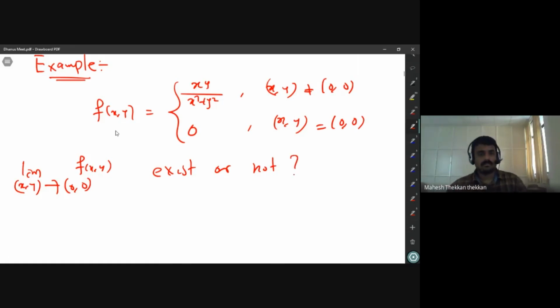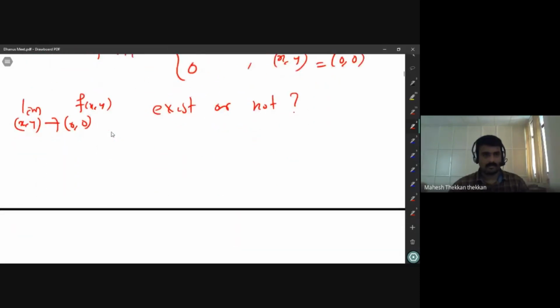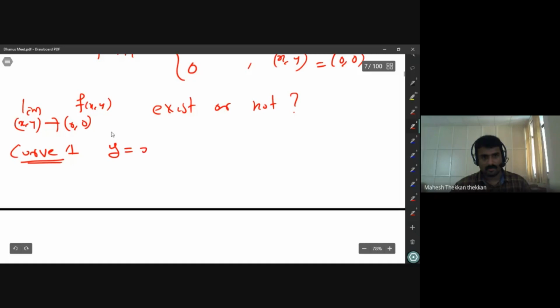This is what I wanted to look at. So what I will do is I will consider one curve. I say it's curve 1. That is nothing but the line y equal to x. So I have to consider the curve passing through the point (0, 0).